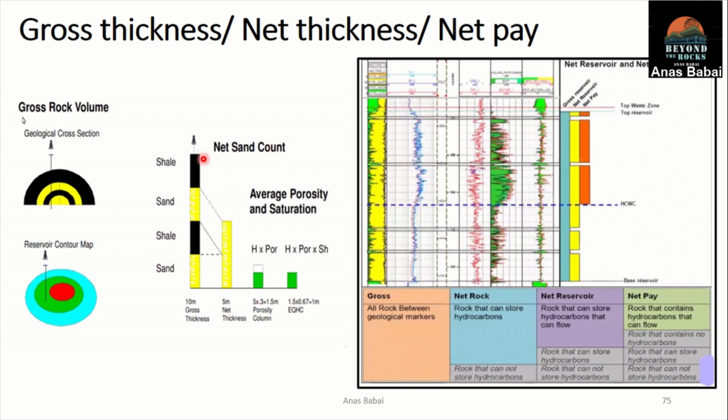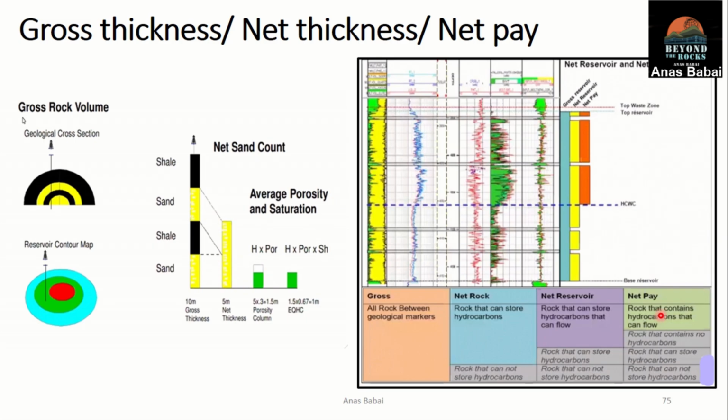So now we have moved from the gross reservoir thickness to the net reservoir thickness. In this part we are eliminating the impermeable interval. We are taking the shales out, and that gives us the net reservoir thickness.